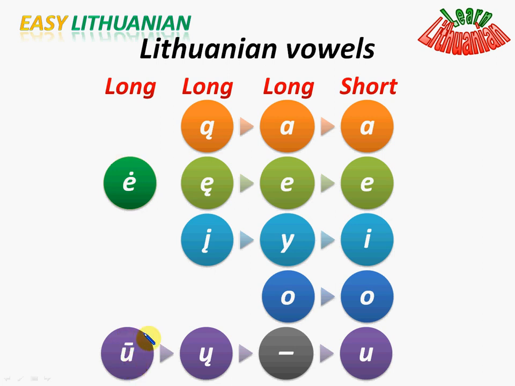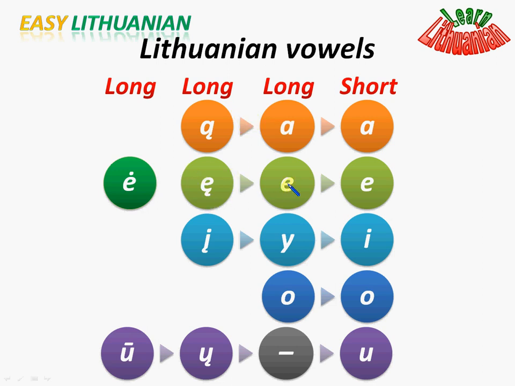So which vowels are the same? Again, A and A nosinė. These two long vowels are the same, except that they are written differently. In different situations, a different letter is chosen. In noun endings, the nosinė letter, and in most roots, noun roots, the letter without nosinė. These two also are the same.